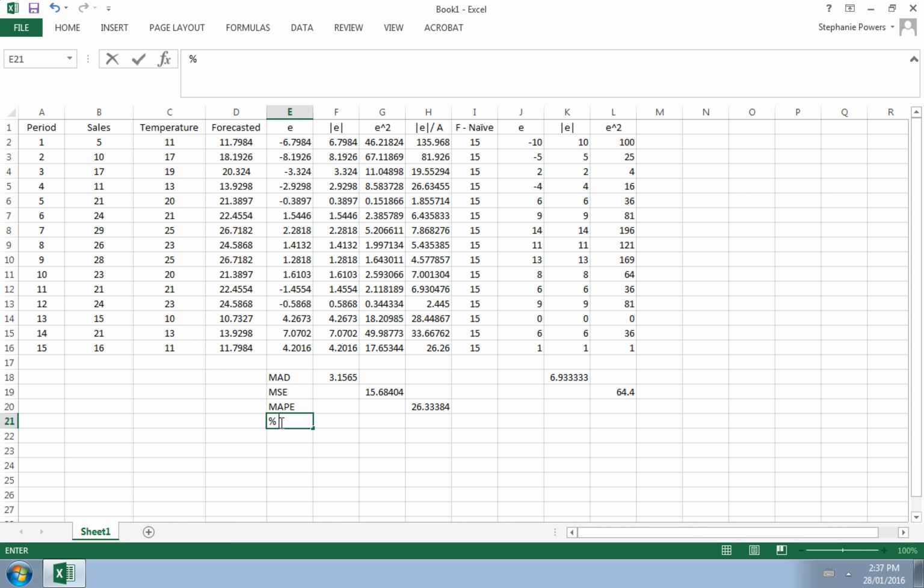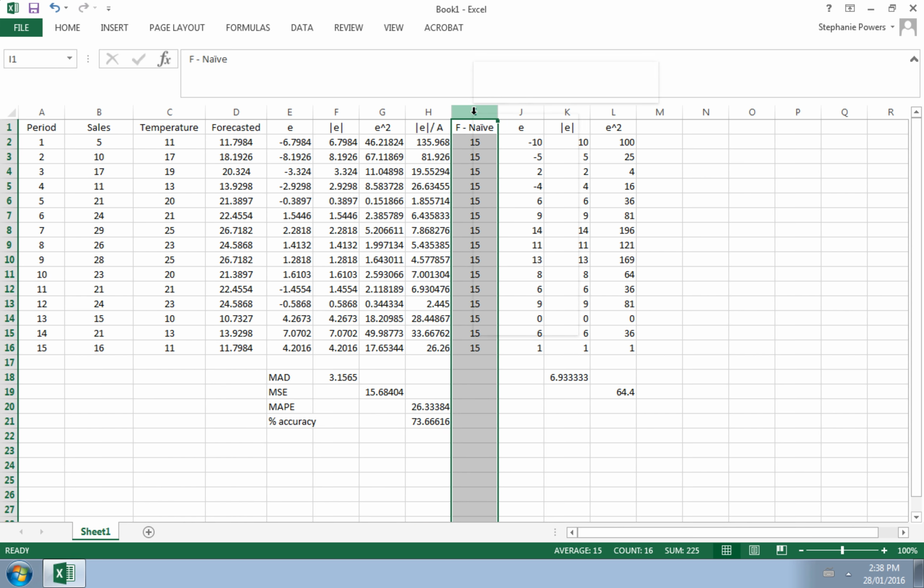This tells us our percent accuracy if we take that number and do 100 minus that. Your goal is to have a percent accuracy over 70%. So we want to be at least 70% accurate, and in this case our associative model has an accuracy of about 74%.